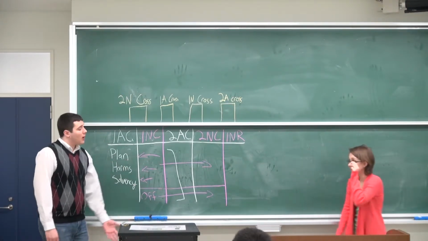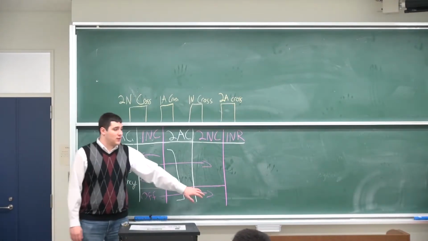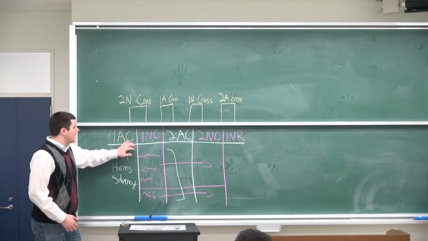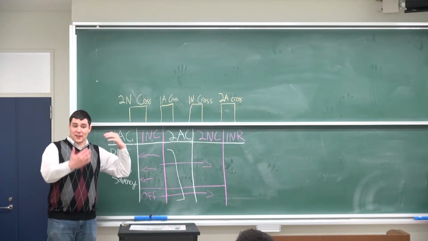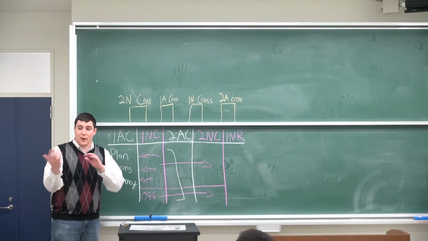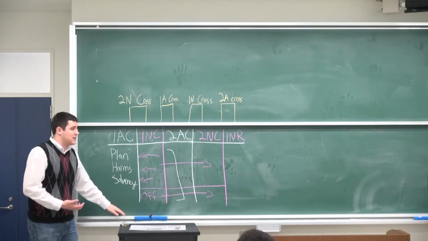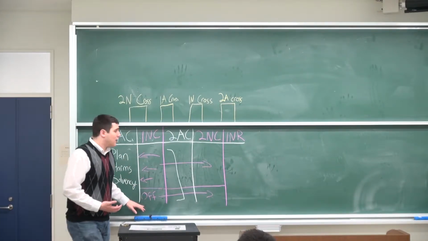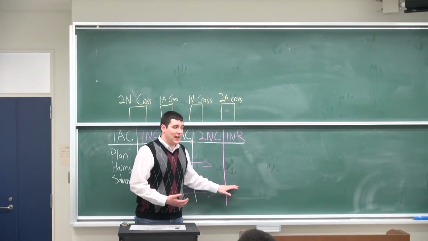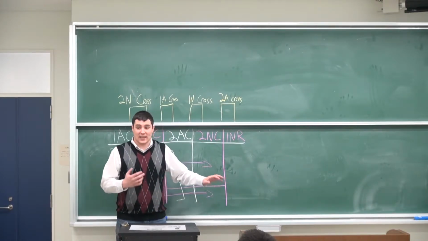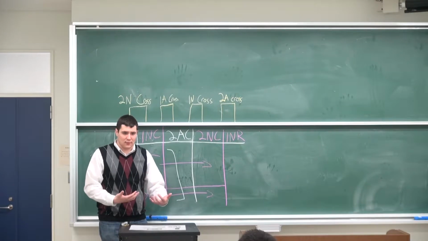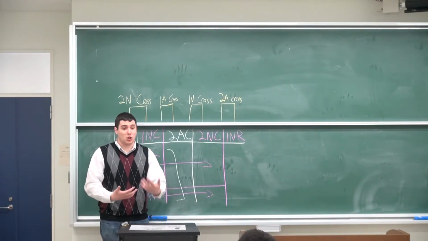Yeah, you're welcome. You also have the opportunity, through doing what we call splitting the block. In this first negative constructive speech, you're making lots of different kinds of arguments, a variety of arguments: an off-case position, and lots of different arguments about the case. Since you're splitting it up that way in the block, you have the time to really develop those positions and give lots of reasons for how you are arguing.